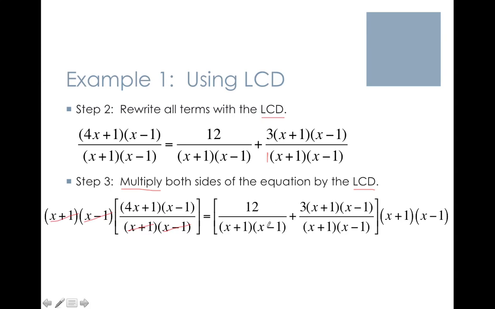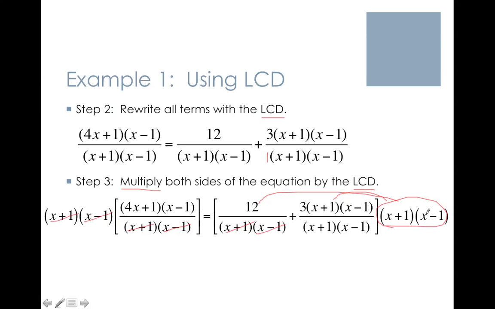On my right side of the equation, since I'm adding two terms together, this (x + 1)(x − 1) has to be distributed to both this term and this term. When I distribute it to both of them, each time we're going to be canceling out the factors that are in the denominator.